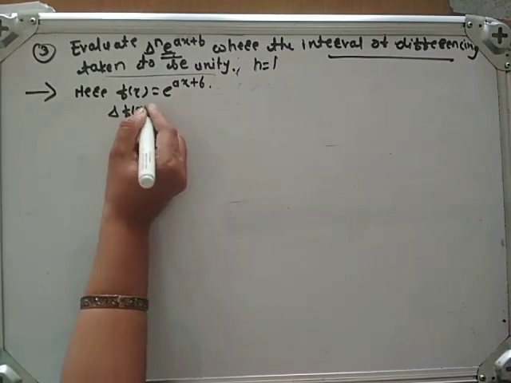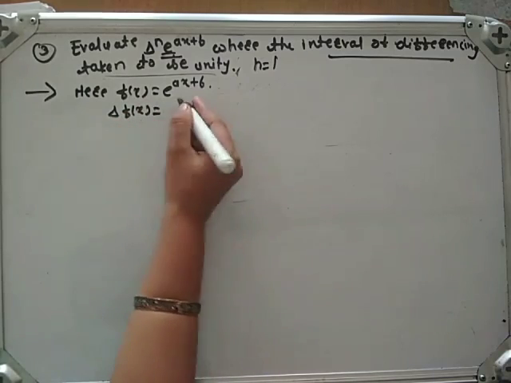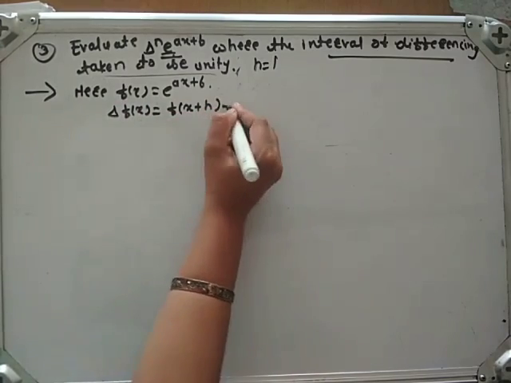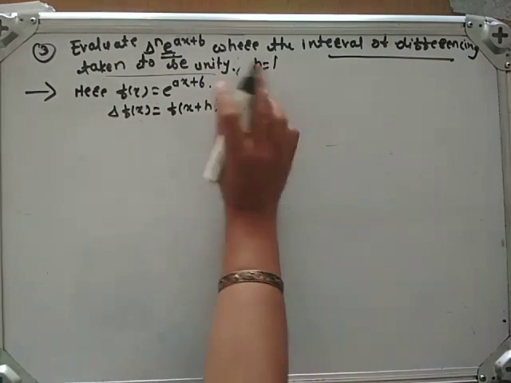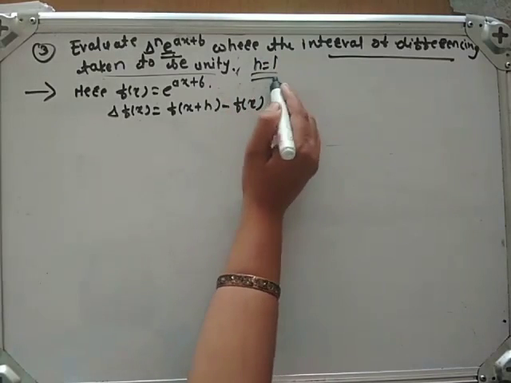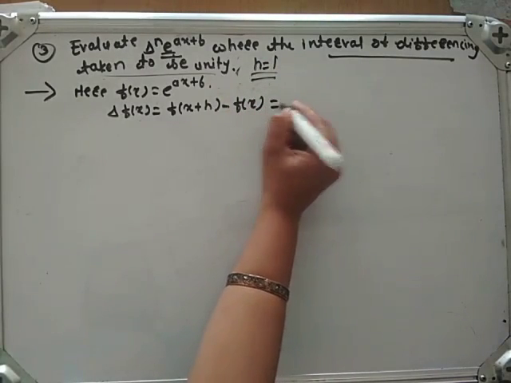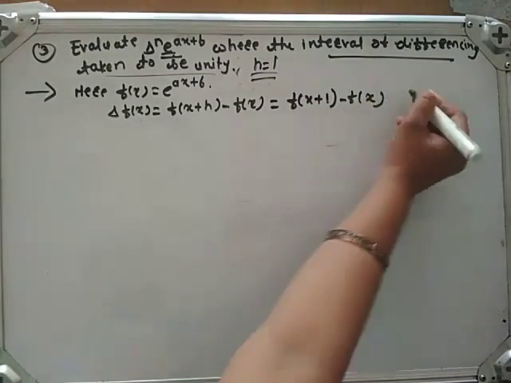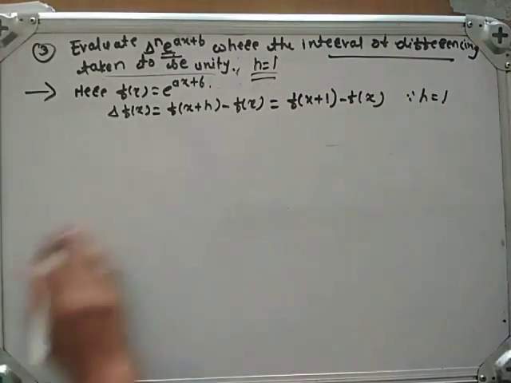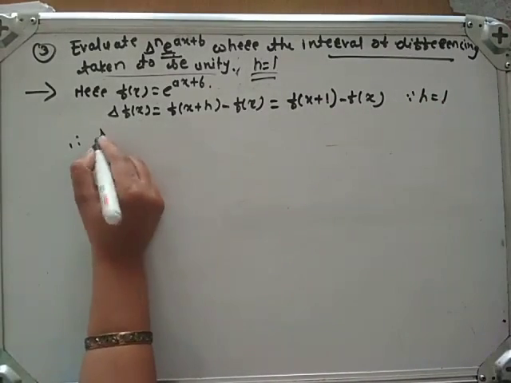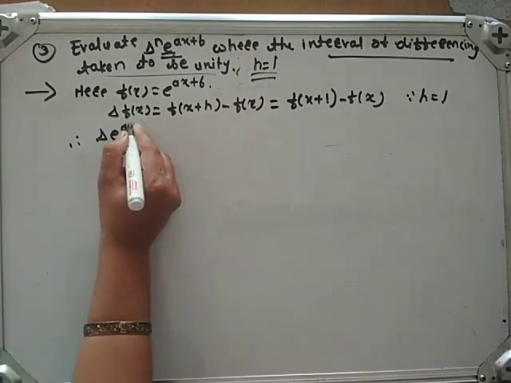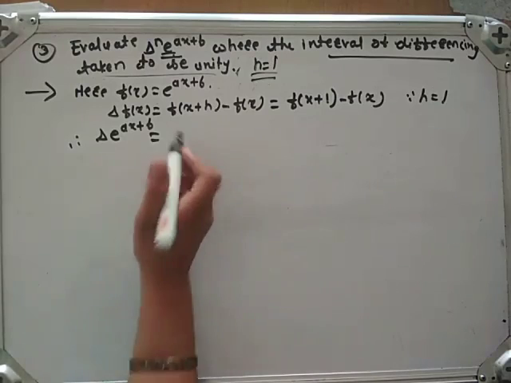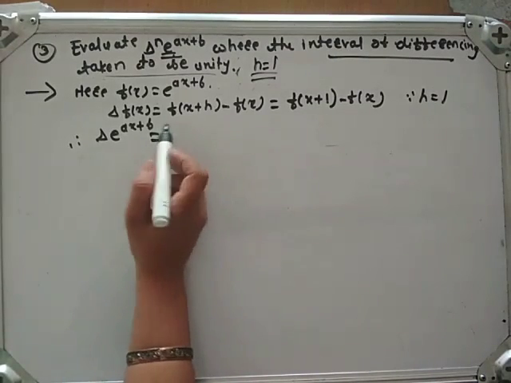What is the definition of delta of f of x? It is nothing but f of x plus h minus f of x. But in this example we are given that h is equal to 1, so it is f of x plus 1 minus f of x. Now first we will find delta of e raised to ax plus b.